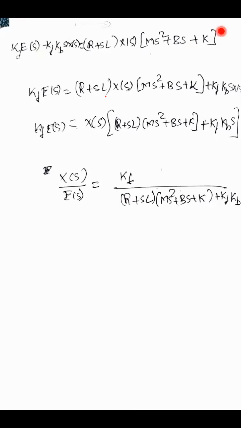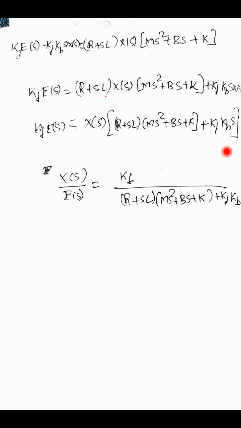So this term will go to right hand side. Okay, so kf into E of s is equal to x of s into R plus SL into MS square plus BS plus K plus KF into KB into S into x of s. So x of s, if you take common, it looks like this.